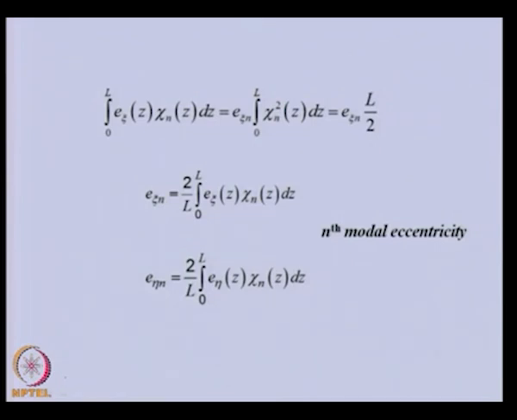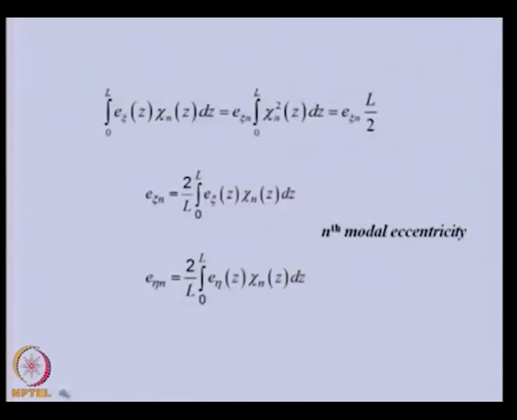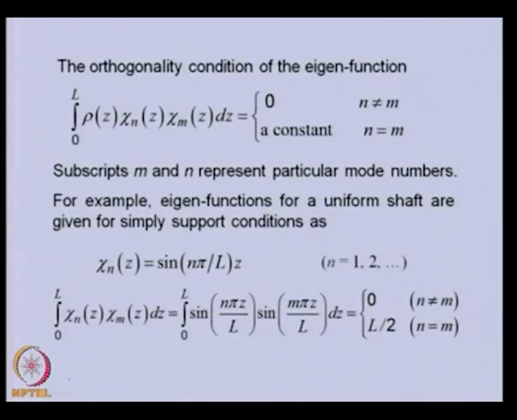Yeah, this is an extension of the previous slide. Here we have applied the orthogonality condition. I will show the orthogonality condition for the simply supported rotor case, and how we can evaluate this integral. For the simply supported case, this integral becomes L by 2. This is the orthogonality condition in general.